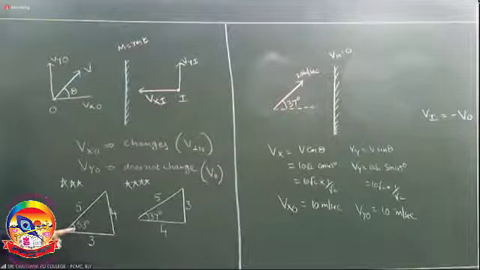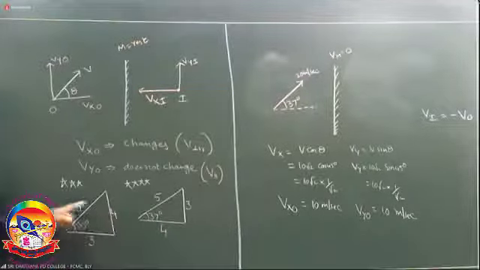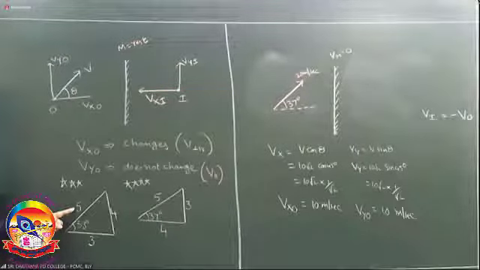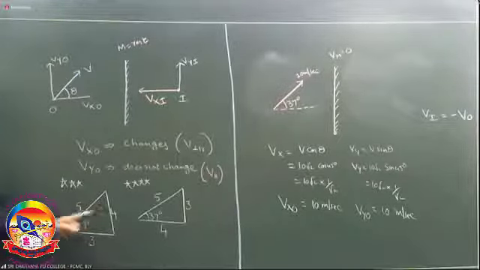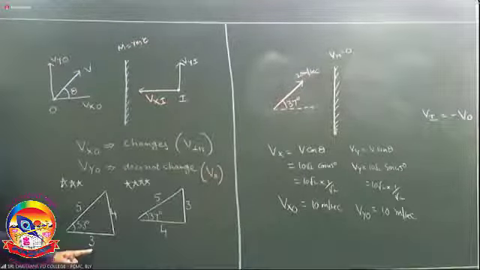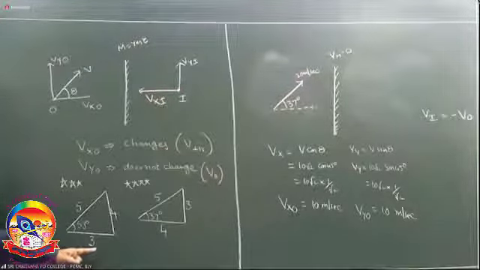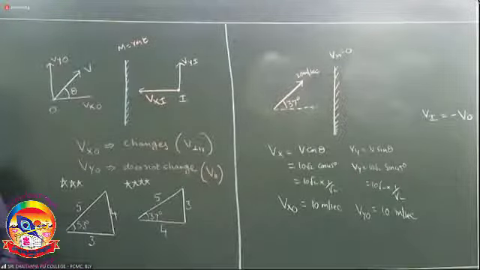Sine 53 is 4 by 5, cos 53 is 3 by 5, tan 53 is 4 by 3, opposite by adjacent. In regular problems we see 30 degrees, 60, 45, which we can easily do.